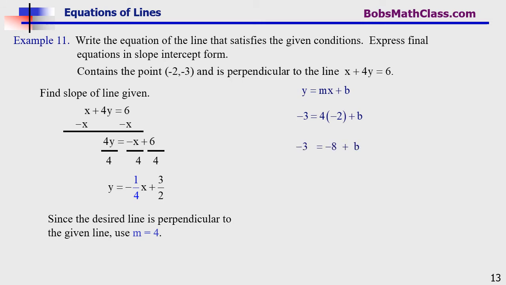Solve for b. That gives us negative 3 equals negative 8 plus b. Add 8 to both sides. We get b equals 5. So m is 4 and b equals 5. Use our handy-dandy formula. y equals 4x plus 5.